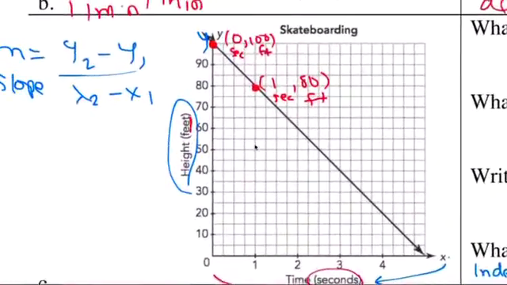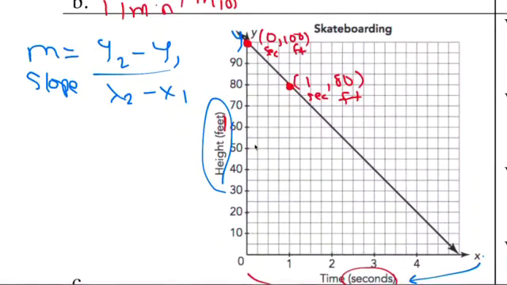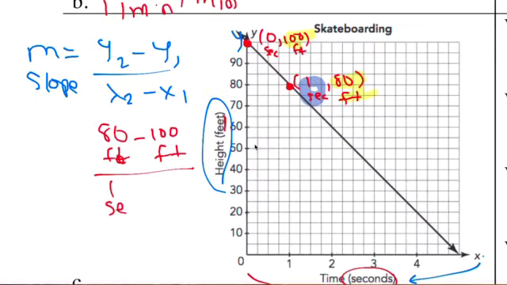So to find slope, you do y: 80 feet minus 100 feet. Those are your y's, y2 minus y1, over your x's. x2 is 1 second minus 0 seconds.